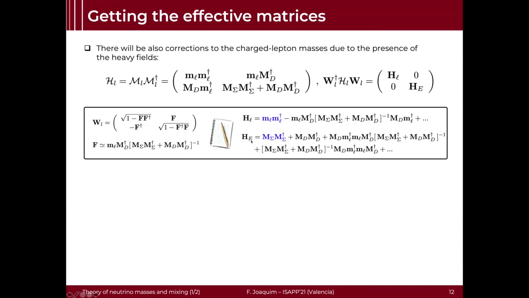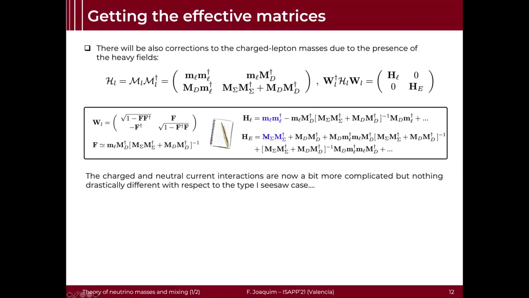For the heavy charged lepton sector, we get M sigma dagger plus corrections, which are also supposed to be much smaller than this term here. So you see that the differences regarding the mass matrices are not very significant.